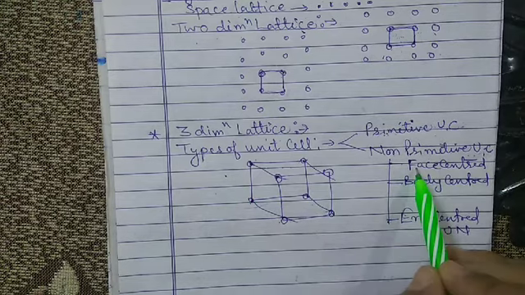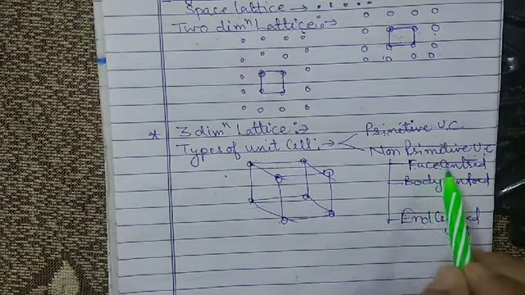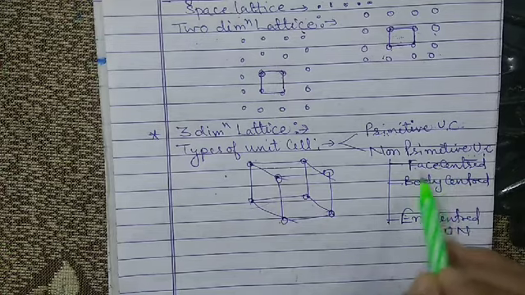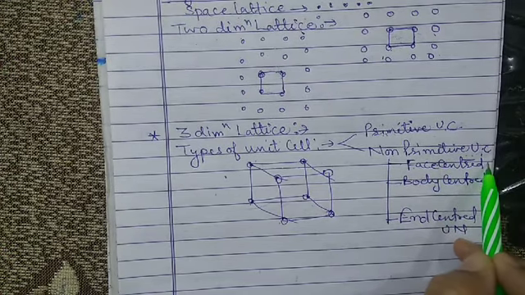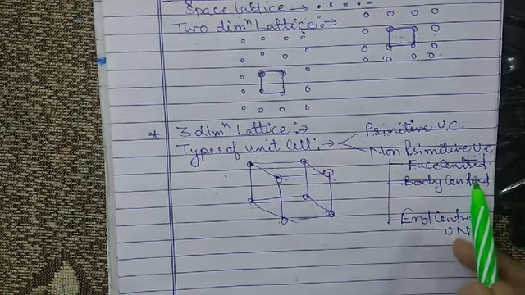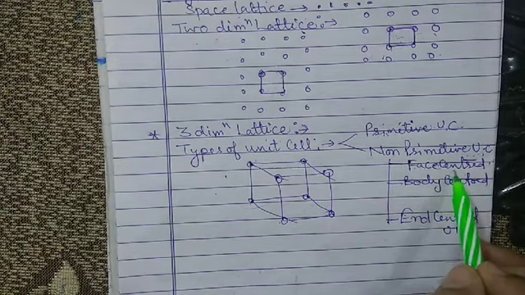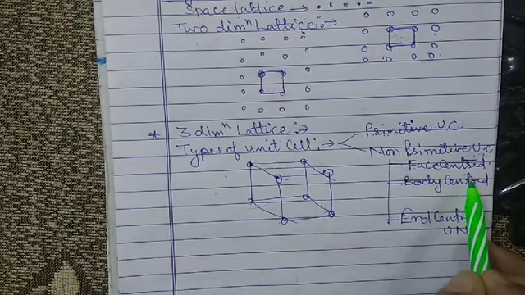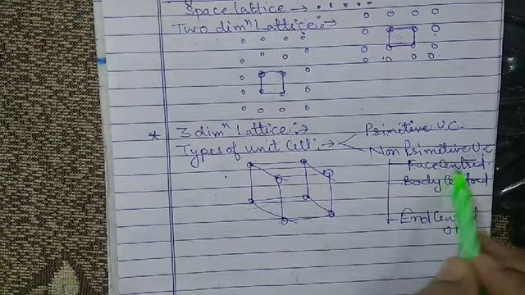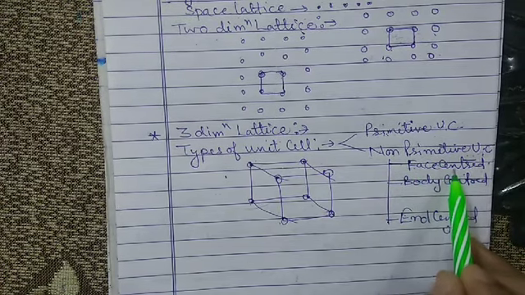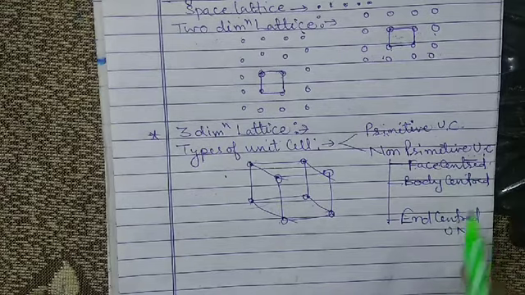So the first one is the face-centered. It is clear from the name, in which the points are present at the corner as well as at the center of the face. Such a type of unit cell is known as the face-centered unit cell.